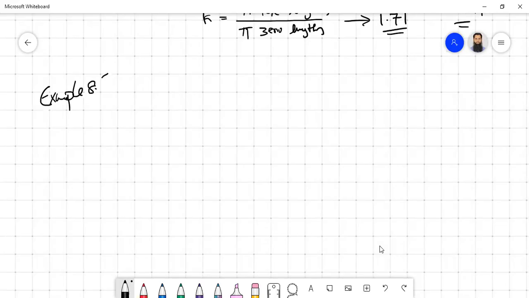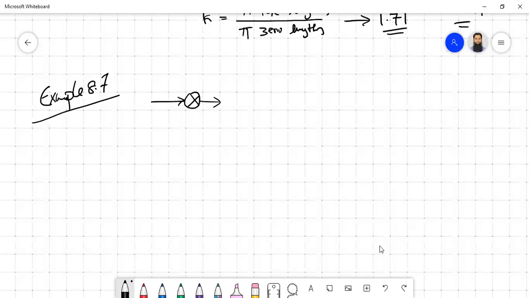Example 8.7. Okay, so let us apply all the rules that we have learned into this particular case. So 8.7, again, the unity feedback system was there. So at least sometimes let me draw the diagram.